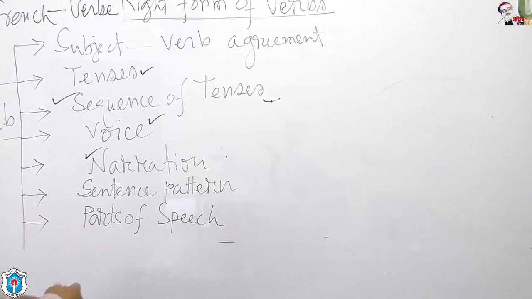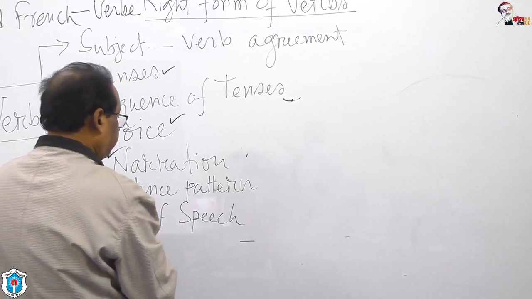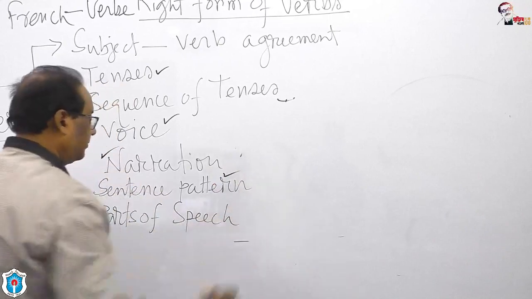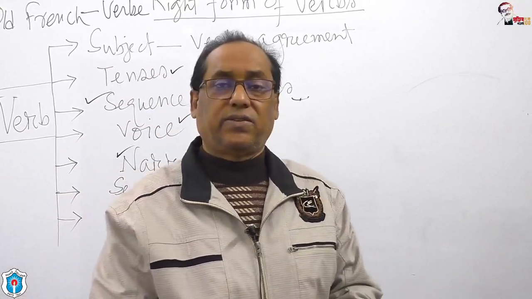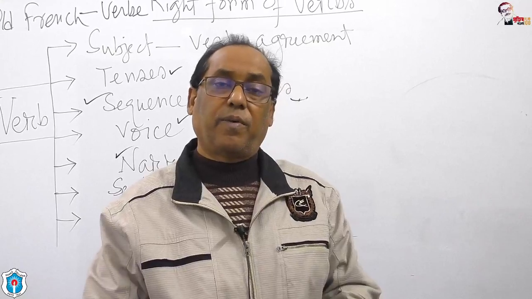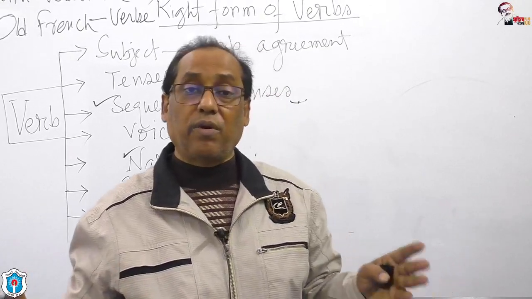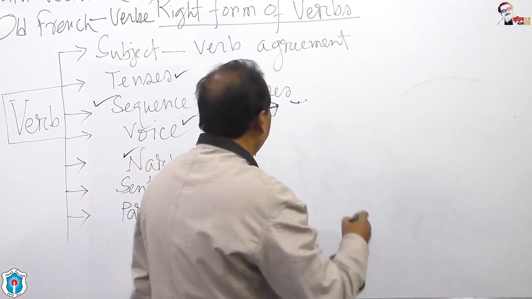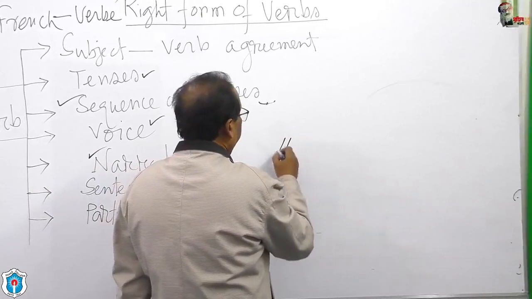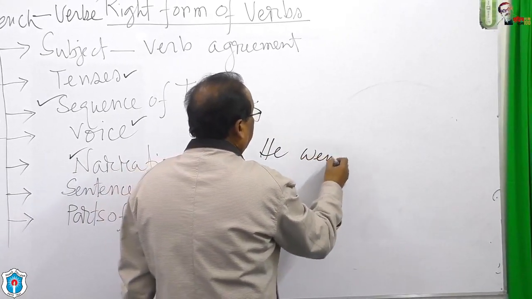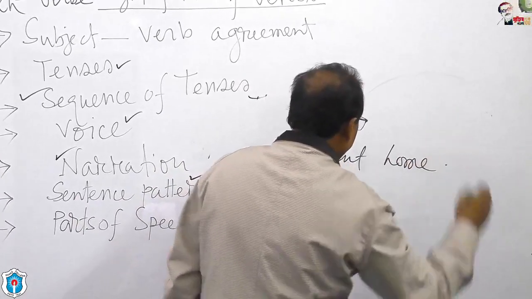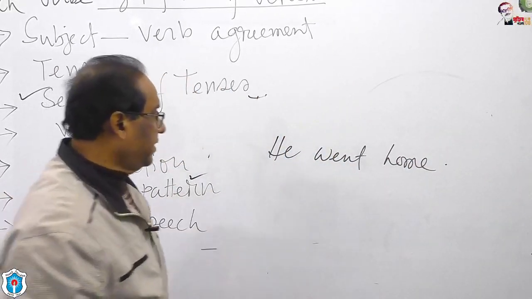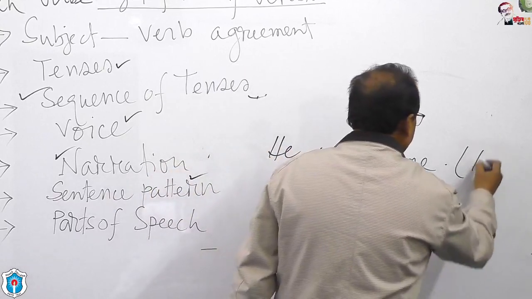Another factor is sentence pattern. Sentence pattern is also related to right form of verbs. But how? Let me show. He went home. Look, this is an assertive sentence.